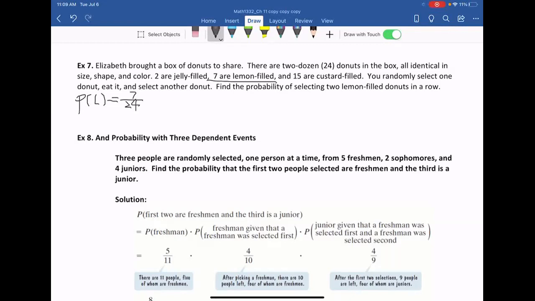We already chose one lemon-filled donut, so the sample space changed. It's not 24, it's 23. So based on the first one being lemon, the probability changed for the second time.